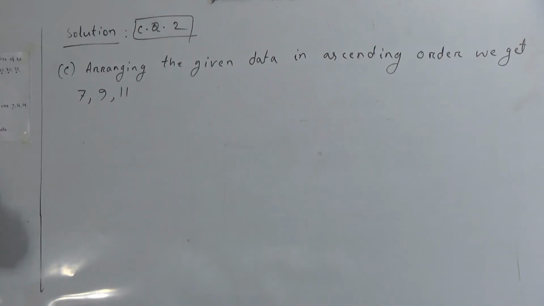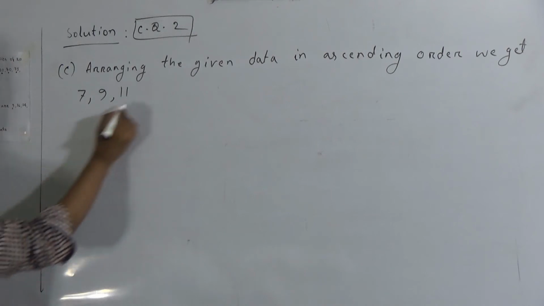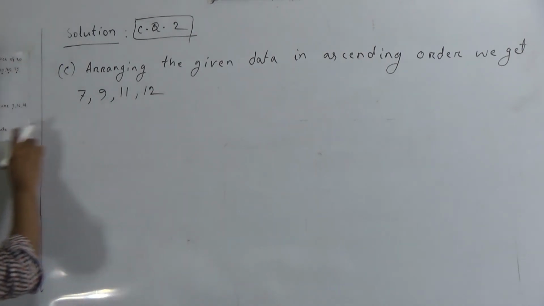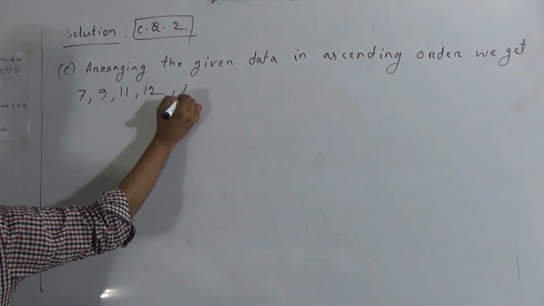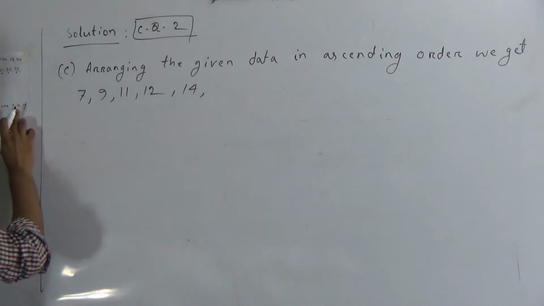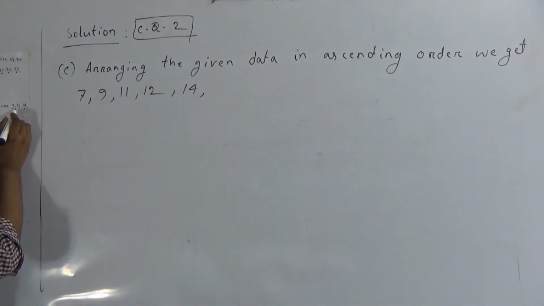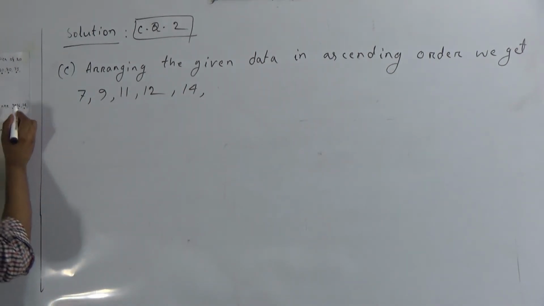After 11, 12 exists here, so we will write now 12. Then here 17 exists, 14 exists also. So at first we will write 14. Then 16 also exists here, 16.